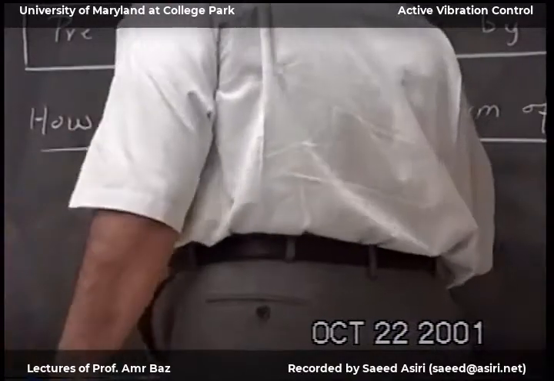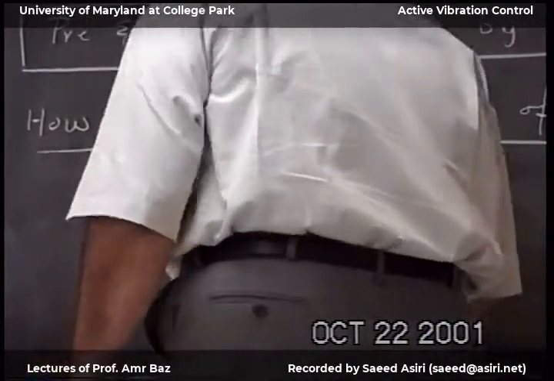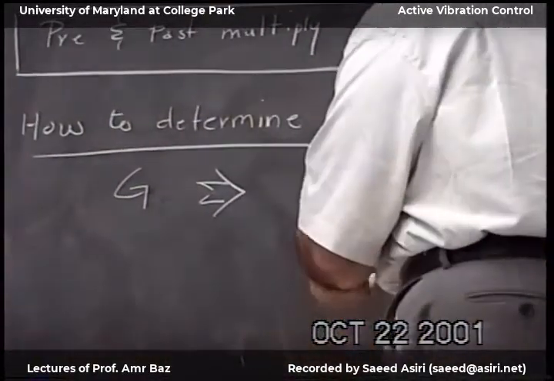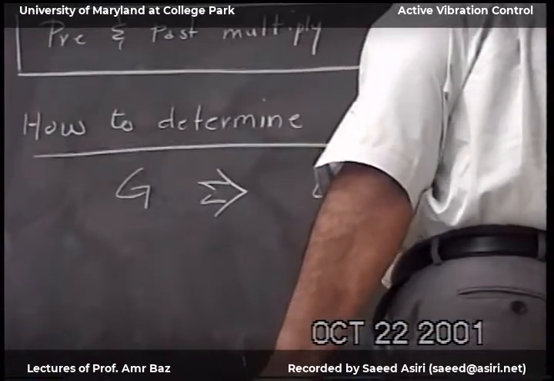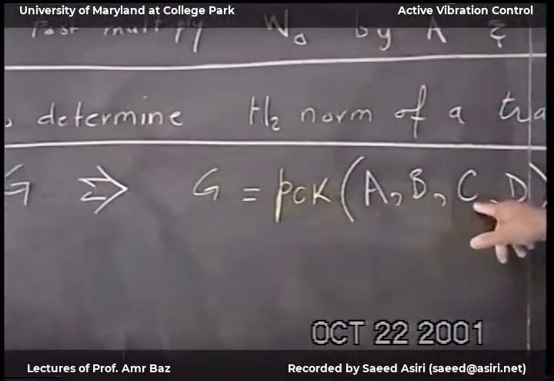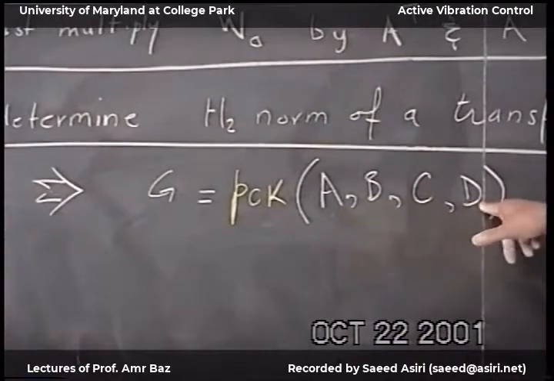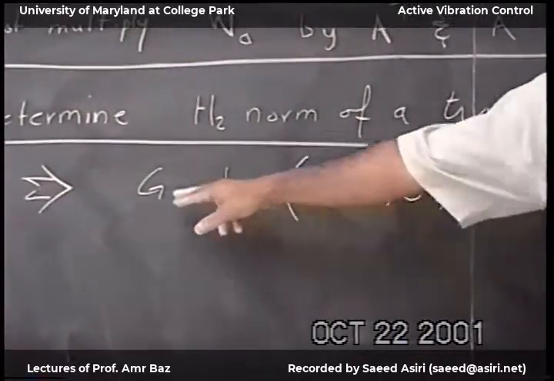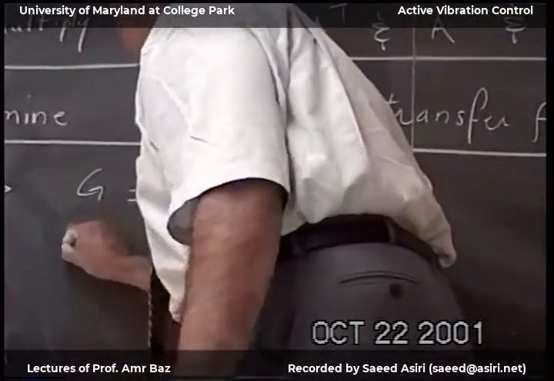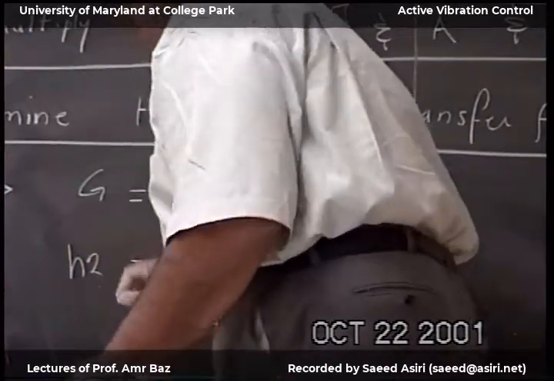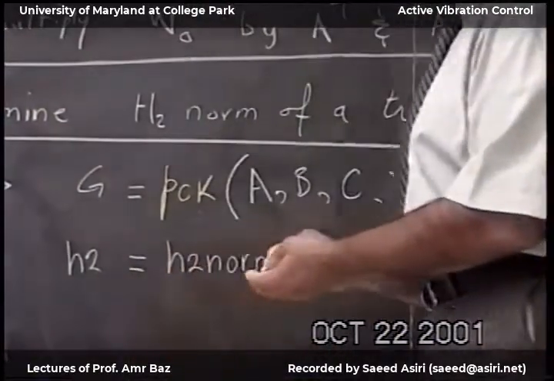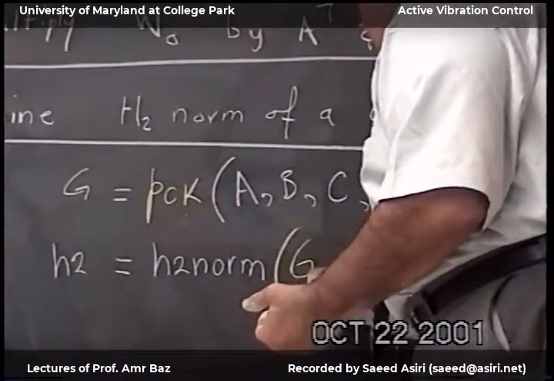Okay. I'll say here G is equal to, this is from MATLAB commands, P, C, K. This is the A, B, C, and D. So I can take the components of the system A, B, C, and D, and then pack them to form the G. And then once I have the G, then I can calculate the H2 norm using the H2 norm command of the G.